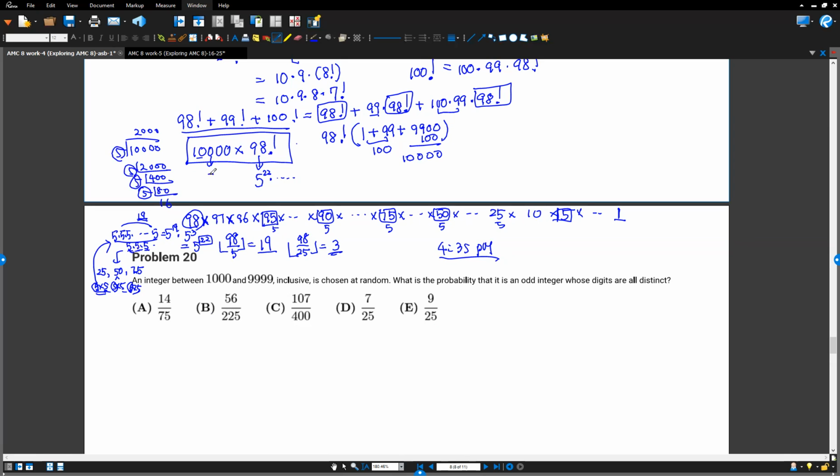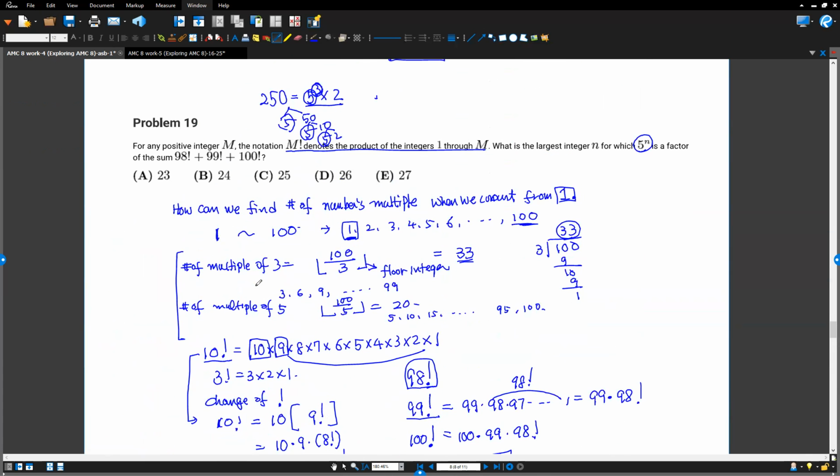This one generates 5 to the 4th power. So the total power of the prime number 5, when you multiply everything, is 5 to the 26th power. This is a little hard, but you better figure this one out by yourself. 26 is the answer.